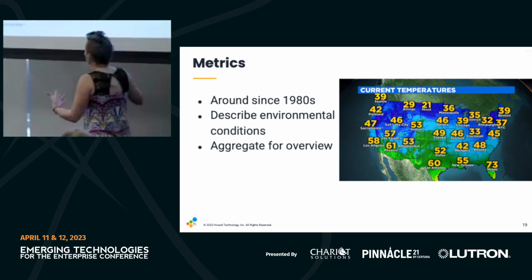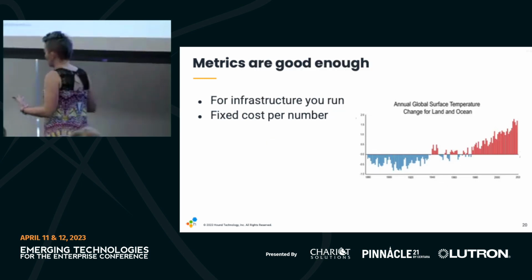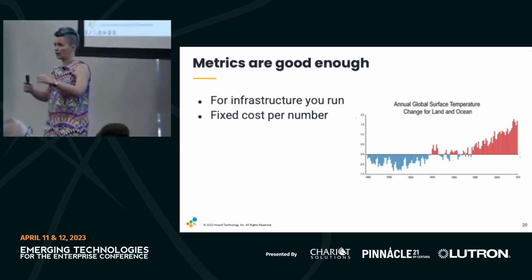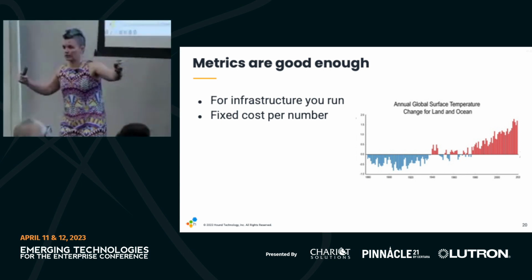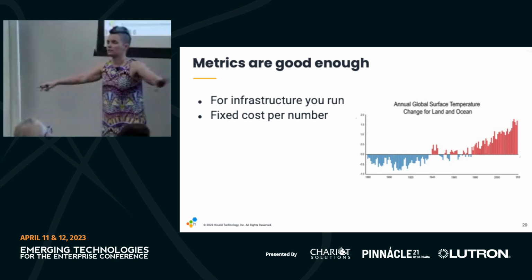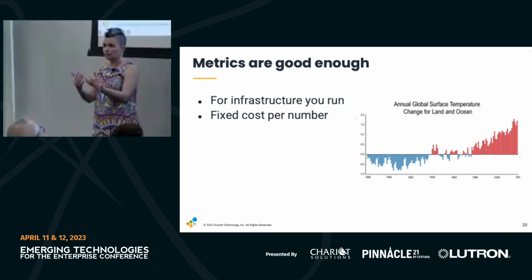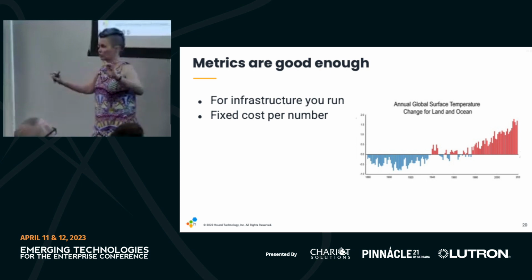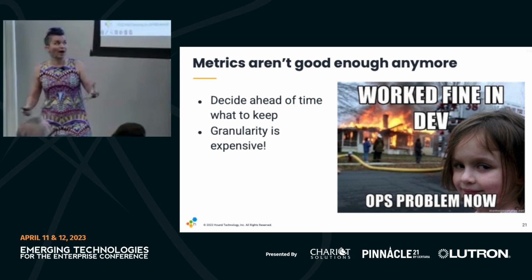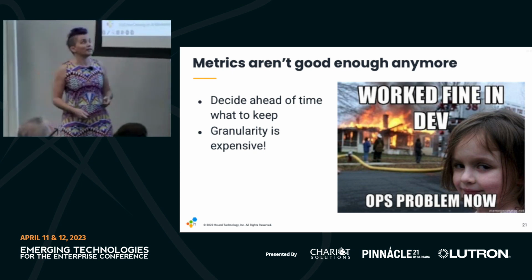In general, metrics have some cool properties, like that you know how much they're going to cost. A single metric is typically a single time series, and it doesn't matter how many hundreds of different instances of a service, for instance, contribute to that metric. The metric has a fixed cost to store. But then you have the metrics you have, and you had to decide what you wanted to have.